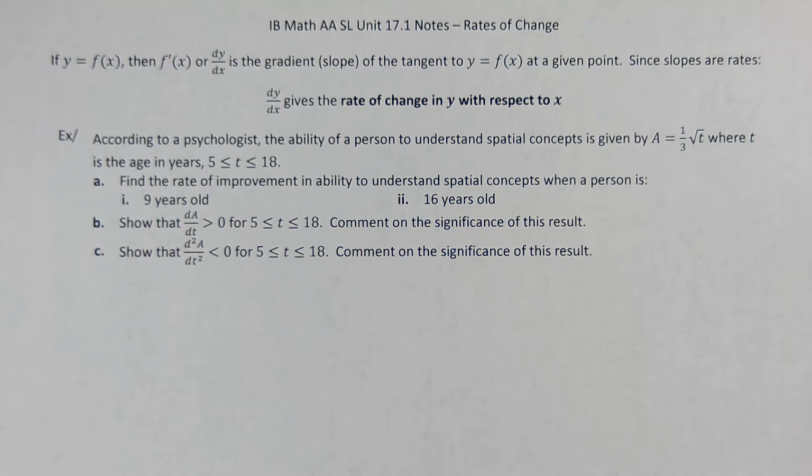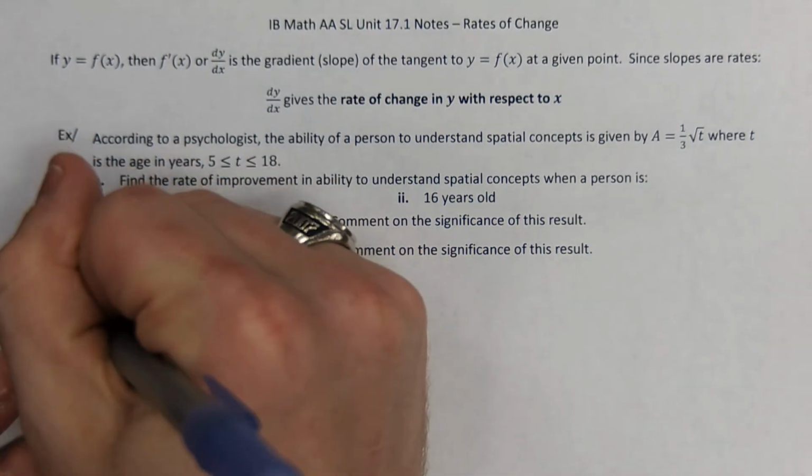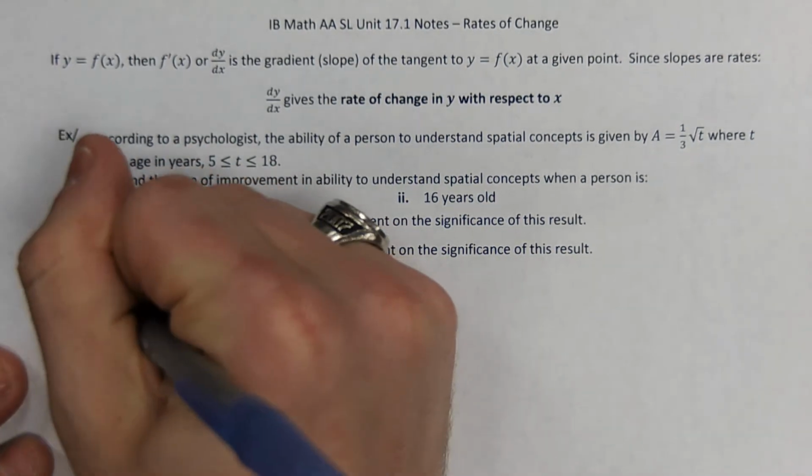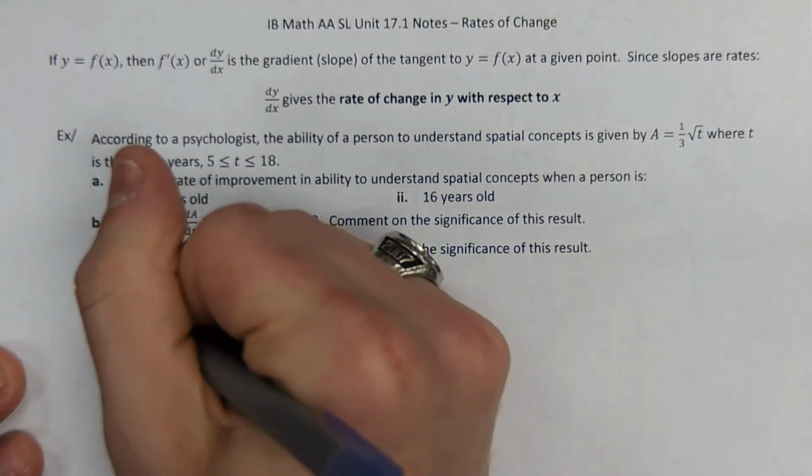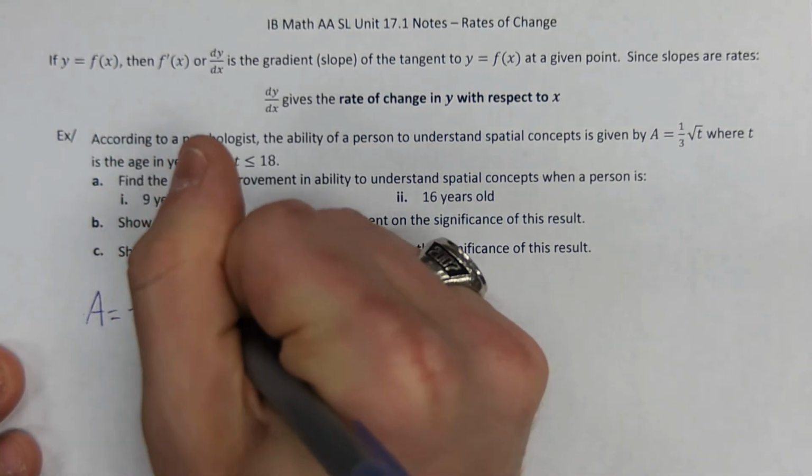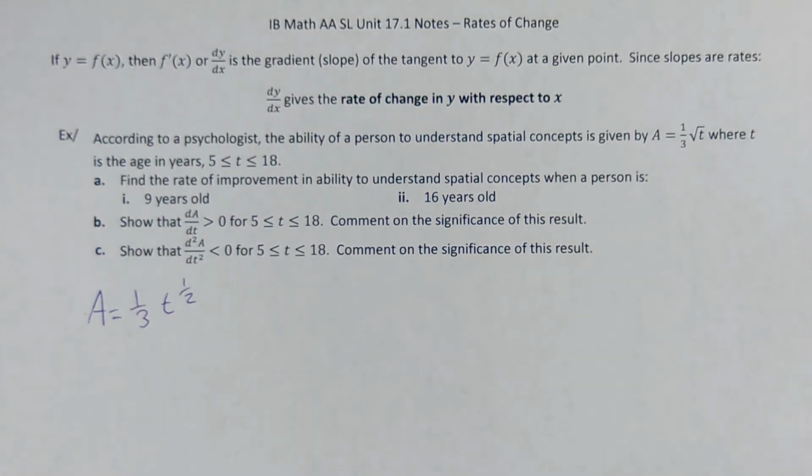So what are we going to do for part A? We're going to find our derivative first. So what we have is capital A equals 1/3 t to the 1/2, because this will be much easier to find the derivative of, right? And our derivative will be A prime.